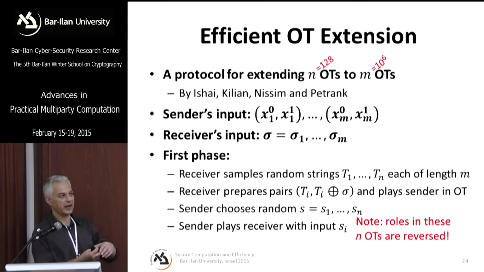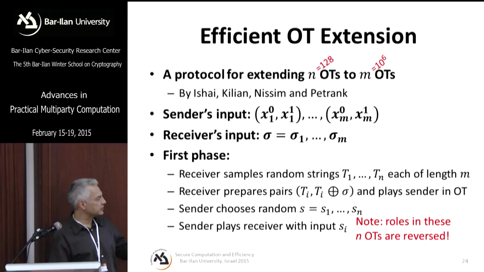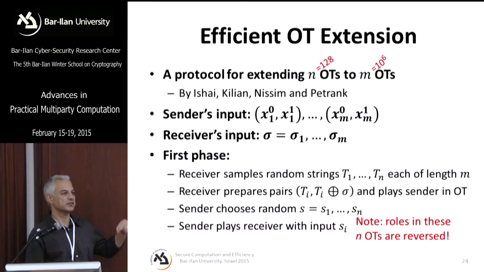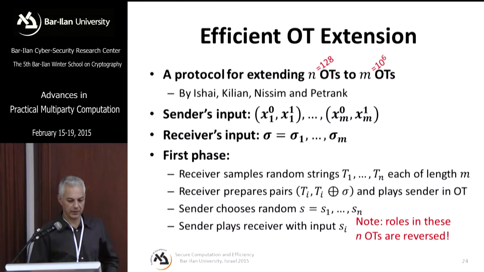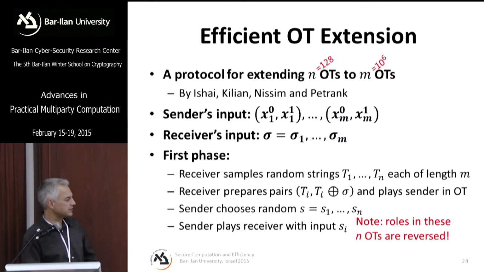Each pair contains a million-bit long random string Ti, and the string which is the XOR of that Ti with sigma, the choices of the receiver in the oblivious transfer. And the sender chooses to learn one of these two strings at random. We call the sender's choice in the ith oblivious transfer Si.